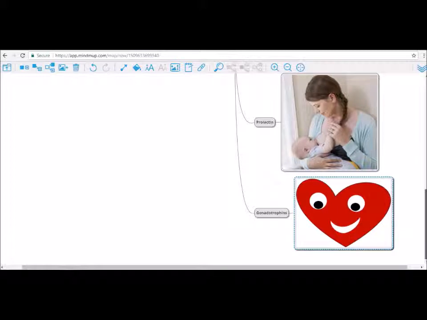And then finally, the group of hormones known as gonadotropins, which stimulate the maturation of the sex organs in order to produce their particular hormones as well.